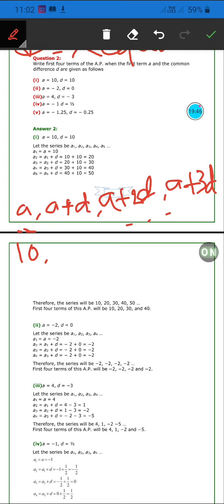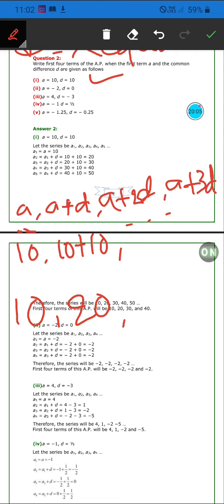Also a equal to 10, d equal to 10. Put the values here. a equal to 10, a plus d. What is the d? 10. So the first term is 10, the second term is 10 plus 10, 20. Third term, a plus 2d. Put the value of a, 10 plus 2 times the difference, which is 10.